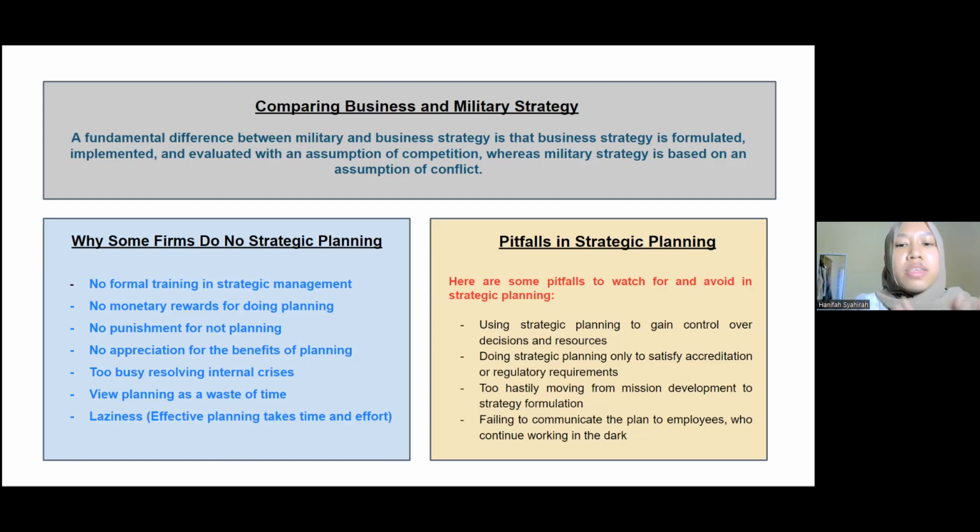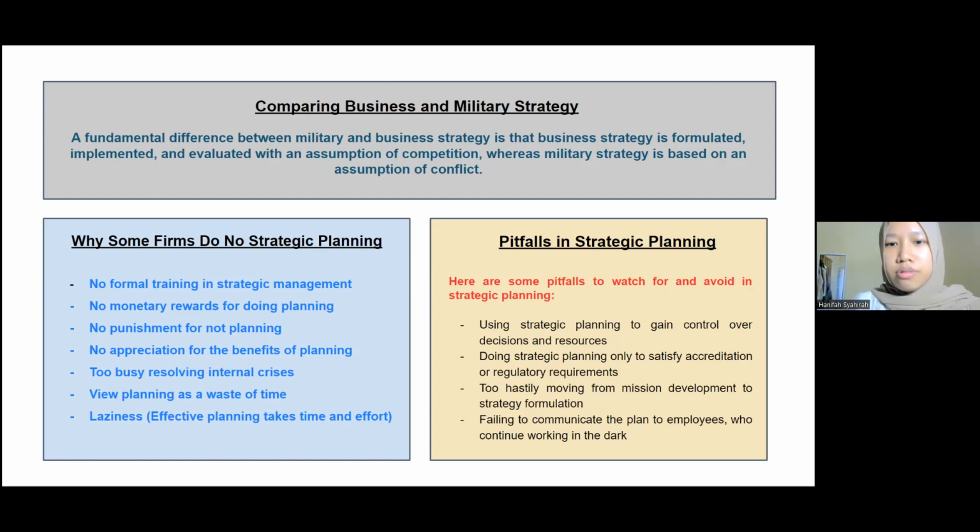For the business strategy, the strategy is formulated, implemented, and evaluated with the assumption of competition. It means that you compete with your rival, and your main goal is to win the competition against the rival with the same kind of business.